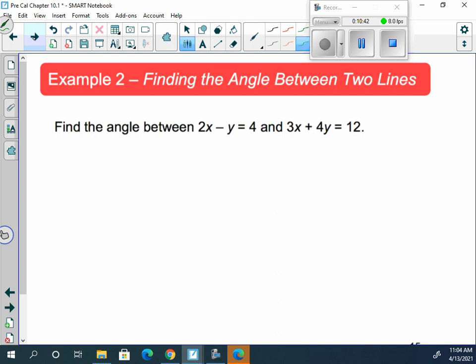So, let's find the angle between these two lines. Now, the key thing that I actually need is the slope for both lines, because if I have the slope, then we're good to go. So, if I want to find the slope, the first thing we can do is subtract 2x from both sides, which will tell us negative y is equal to negative 2x plus 4, because we subtracted 2x.